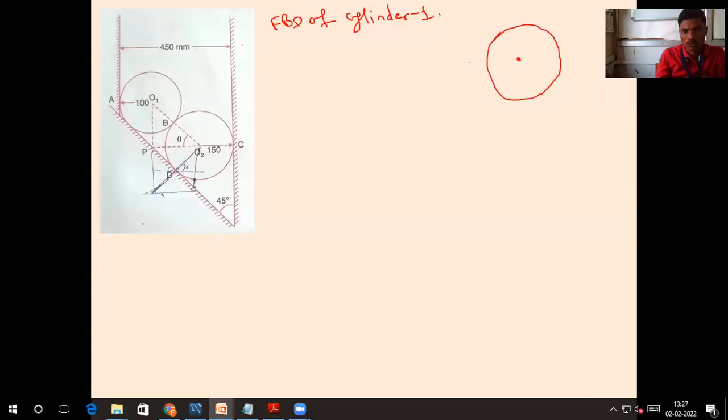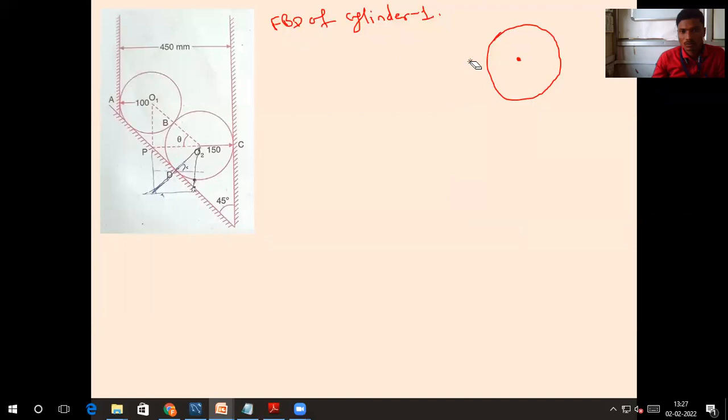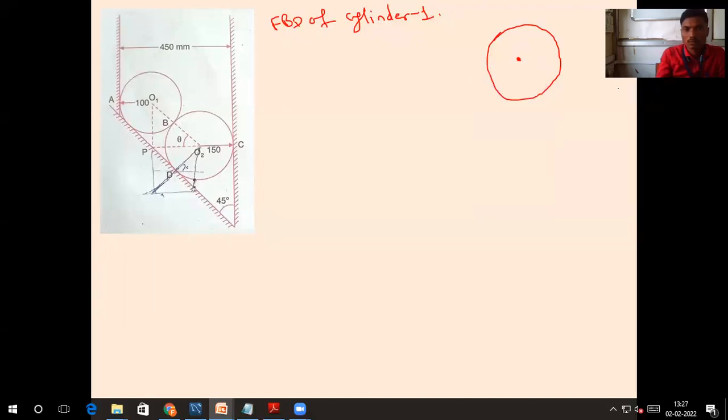So suppose there is a force, maybe something like this. How much is it? Here is RA.